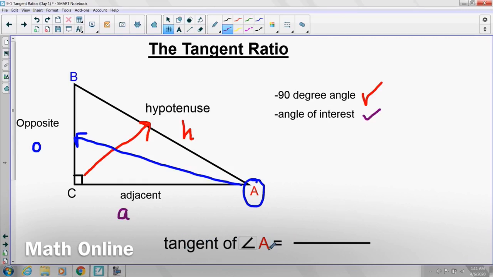The tangent of angle A is equal to this specific ratio. You will always have the opposite length on the top, and you will always have the adjacent length on the bottom. So there will be numbers instead of letters. Tangent of angle A equals the length of the opposite side over the length of the adjacent side.